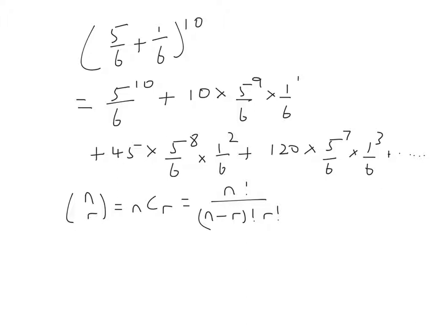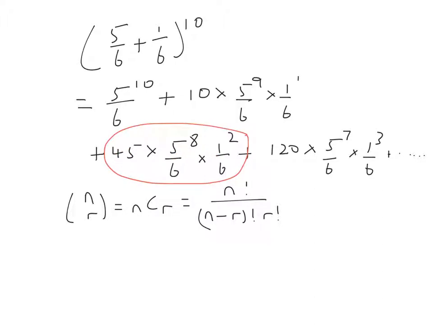And so what this means is that this section here of the expansion is the solution to our question. We're looking for 8 events which are not 6s and 2 events which are 6s, and this can occur in lots of different ways, and the number of ways of getting this is 45.